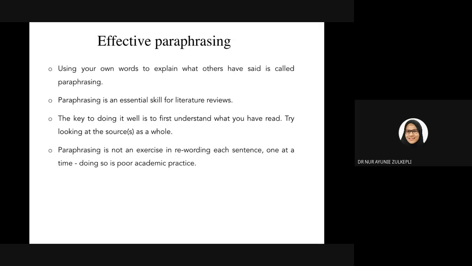So paraphrasing is very important. Okay, the key to doing it well is to first understand what you have read. Try looking at the source as a whole, and again, I repeat, try to practice the four reading strategies that I already taught you in previous weeks. Okay, so poor academic practice usually contributes to poor paraphrasing.